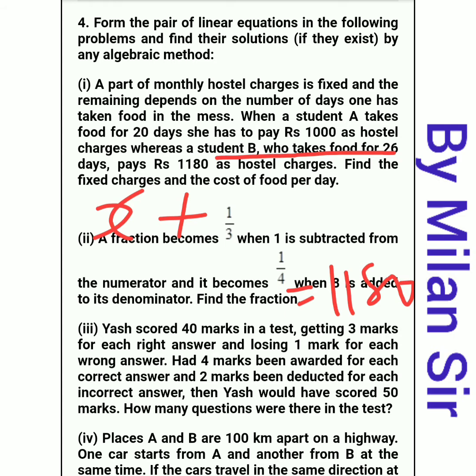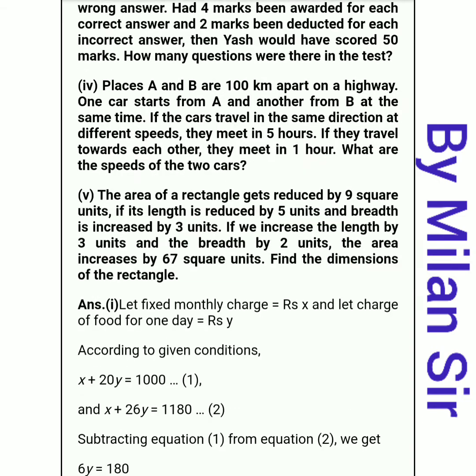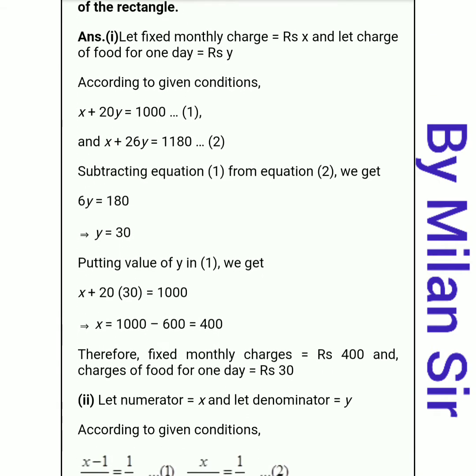The cost of food for one day is y, so for 26 days it is 26y. This is our equation number 2. So two equations are ready: x plus 20y is equal to 1000 and x plus 26y is equal to 1180.